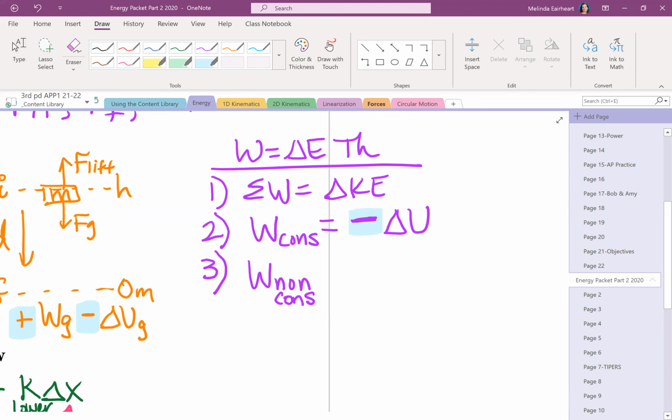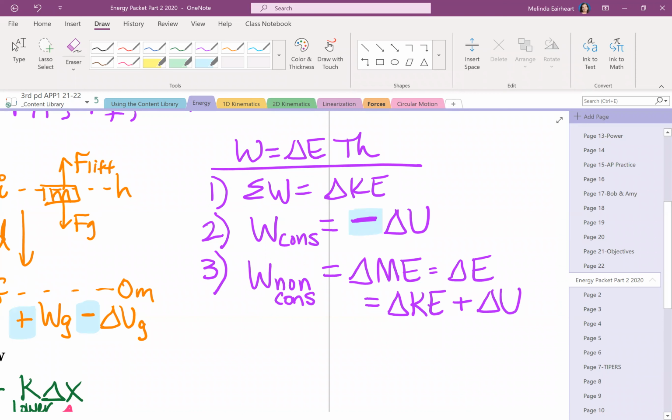And so that's the one I want to use, last thing, to explain conservation of energy, which is just an extension of the work energy theorem. And so that third one, by the way, I'm going to highlight all these. I would know them. Okay?